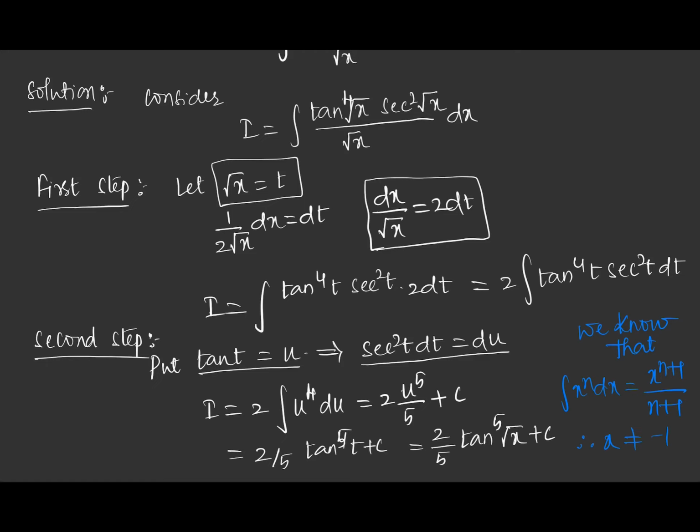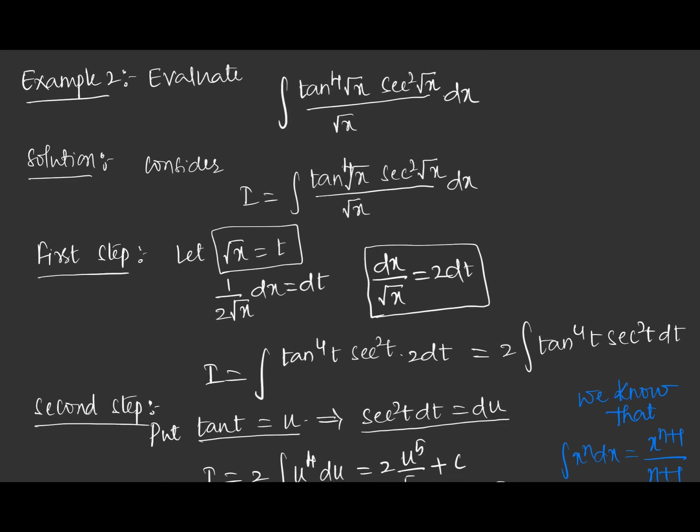So this is the value of the given integral. I is equals to integration of tan power 4 root x secant square root x by root x, which is equals to 2 by 5 tan power 5 root x plus some constant c. So this is the value of the integral.